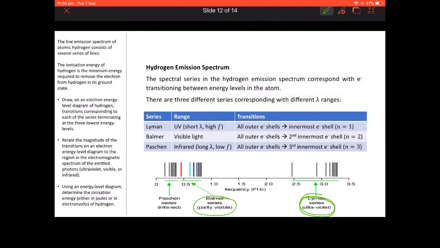The Balmer series are visible, and these photons correspond with all outer shell electrons transitioning to the second innermost electron shell.